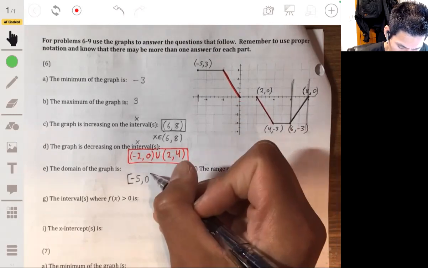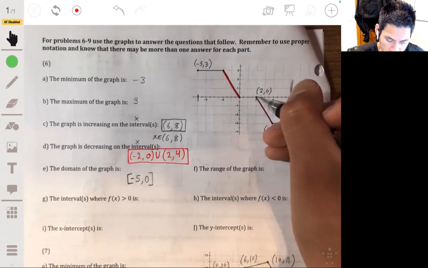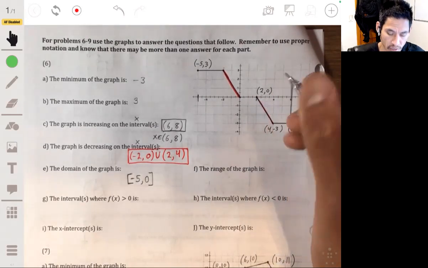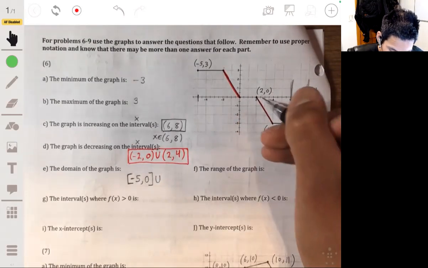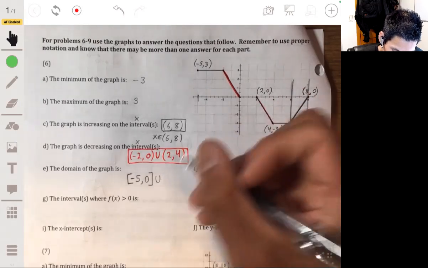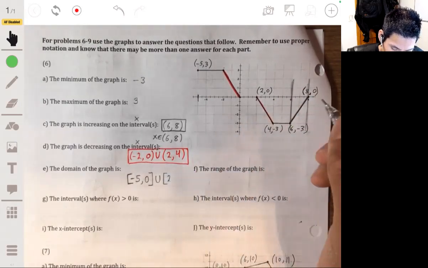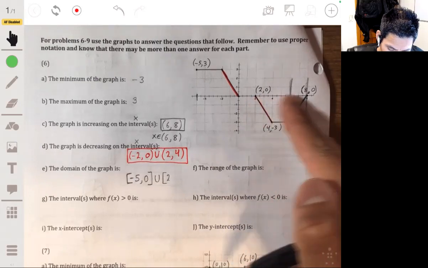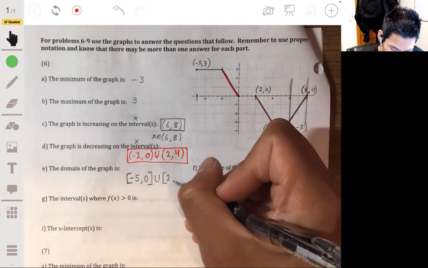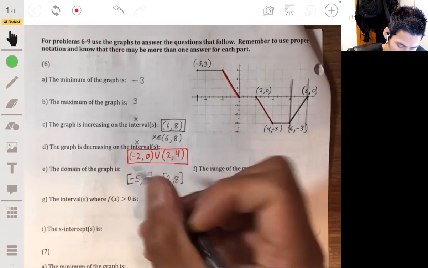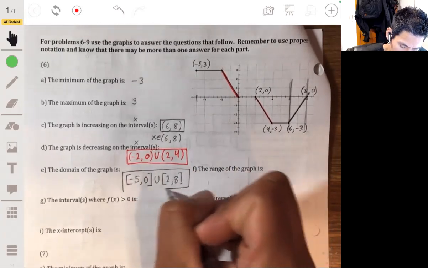We put a bracket there because we include 0. But we skip this portion here. So we put a union, and then we start up again when x is 2, all the way up to x is 8. So [2, 8] in brackets. Again, the domain is the x values on the graph.